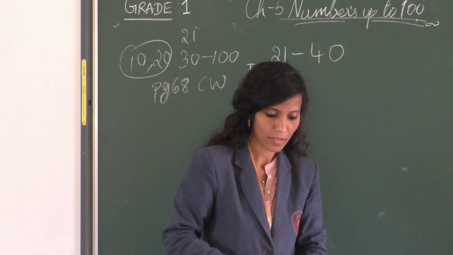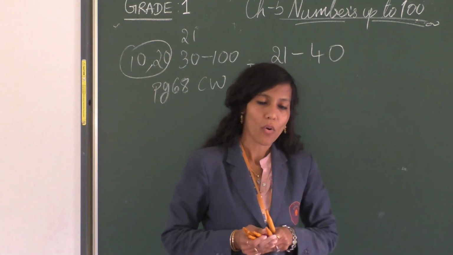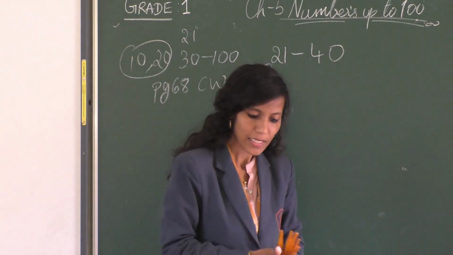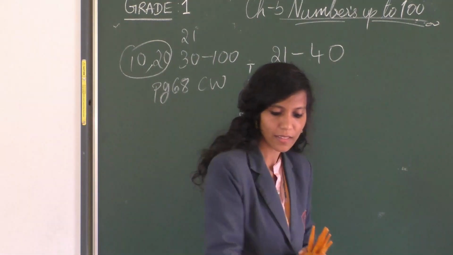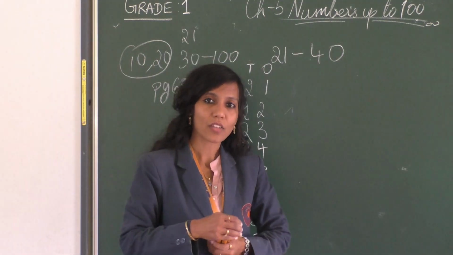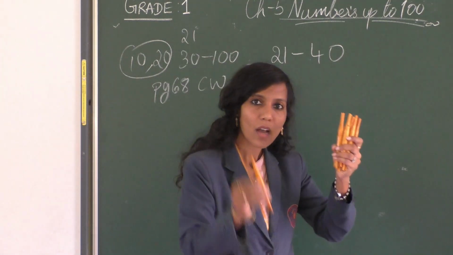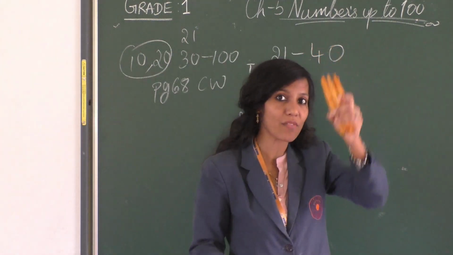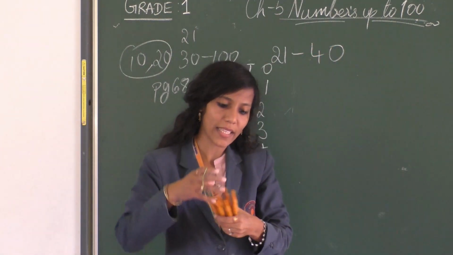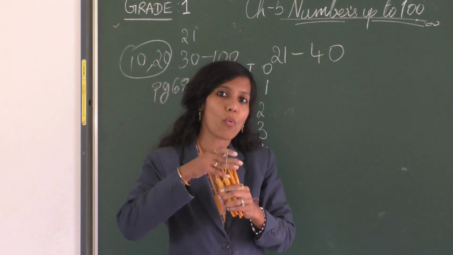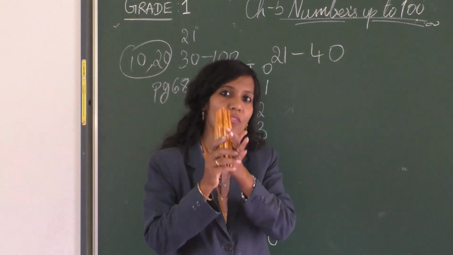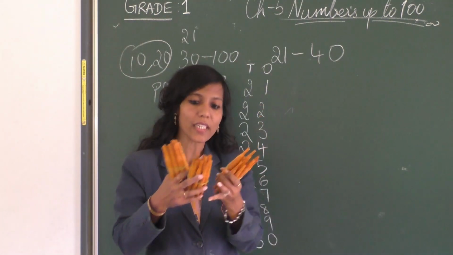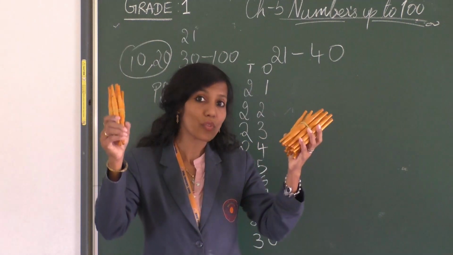Here we count 1, 2, 3, 4, 5, 6, 7, 8, 9. Now these are 9 sticks. One more stick I am adding, so this becomes 10 ones. 10 ones together made one bundle of tens.